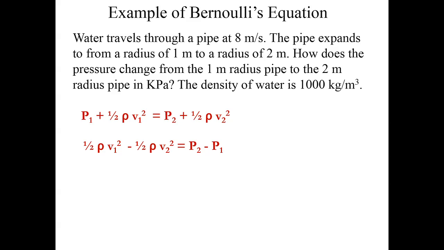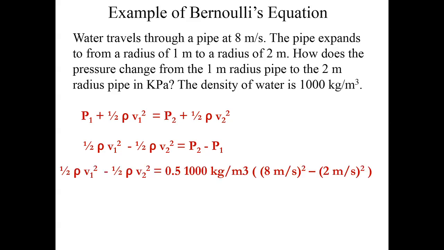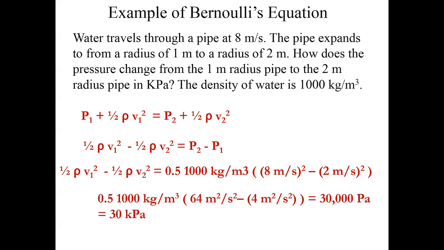We previously found the velocities, so the change in pressure is 1/2 times rho, which is 1,000 kilograms per meter cubed, times 8 meters per second squared, minus 1/2 rho times 2 meters per second squared. Doing the math on this gets us that the change in the pressure is 30,000 pascals, or 30 kilopascals.